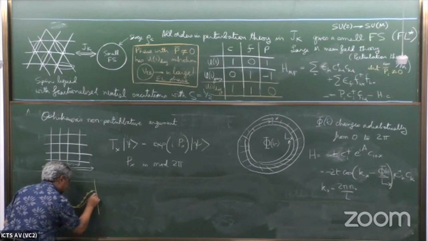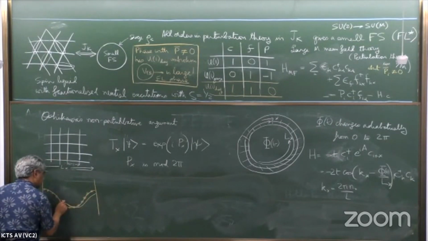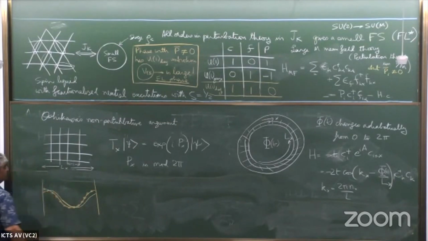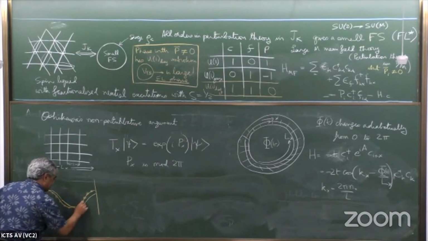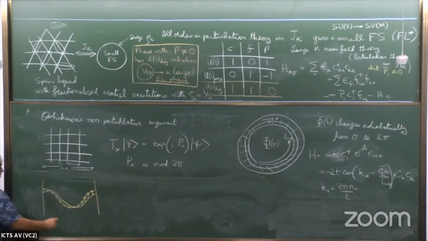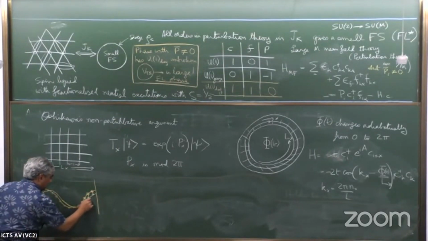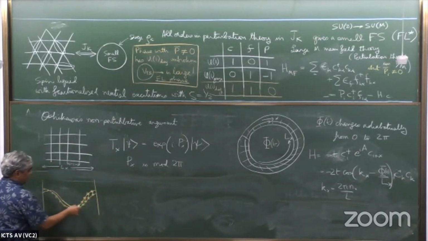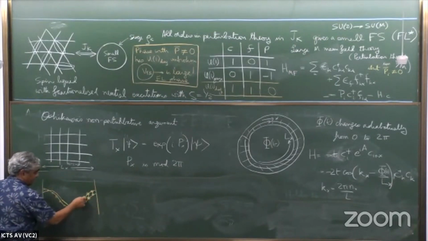Maybe I'll just draw it here. There's something like this. Well, this goes like that. Everything is just shifted by 2 pi. And so this state goes over here, this state goes over here, this state goes over here. The energy changes. But now the important point is that the energy of this state here is the same as the energy of this state.